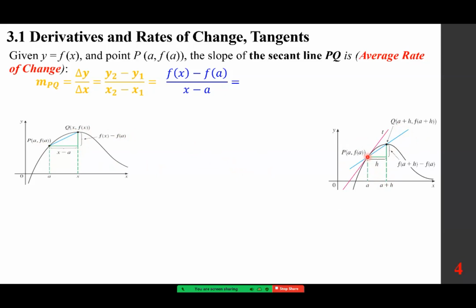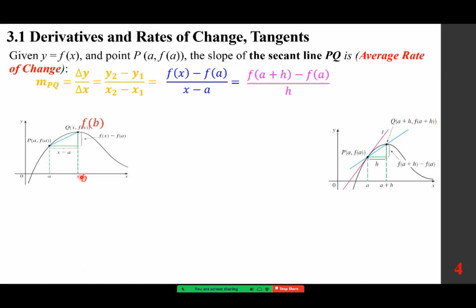Please understand the y coordinate for this point is f of A, for this one is f of A plus h. In other words, over here, the rise would be f of A plus h minus f of A. So if we use that, f of A plus h minus f of A would be the numerator, and the denominator will be A plus h minus A, which is h.